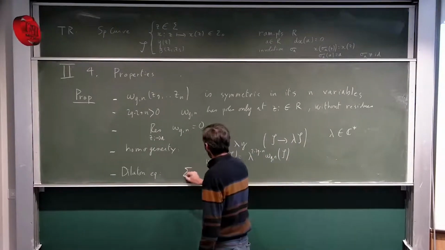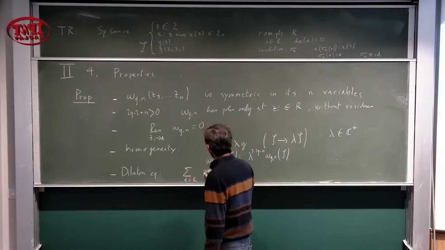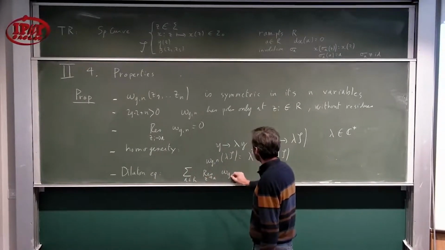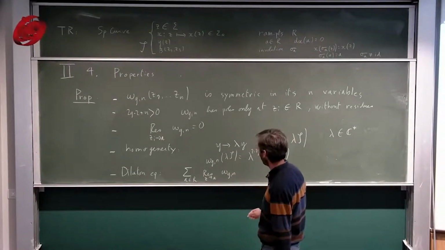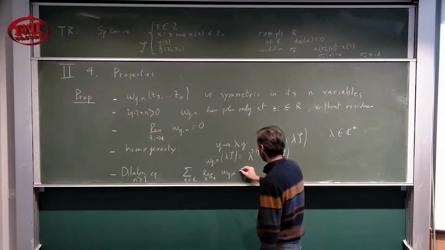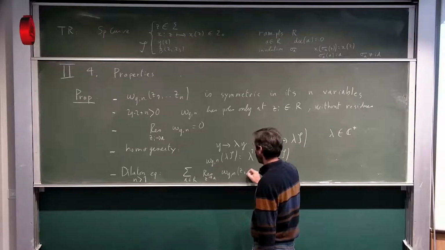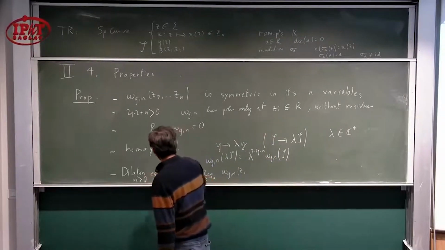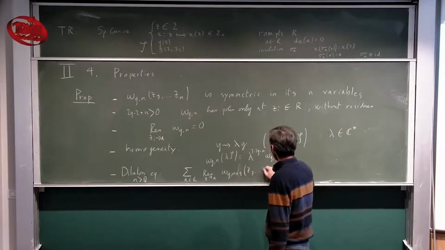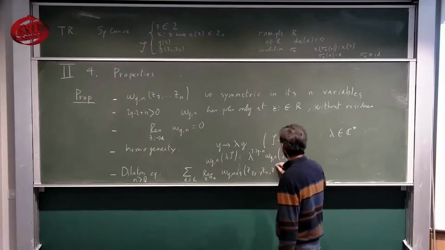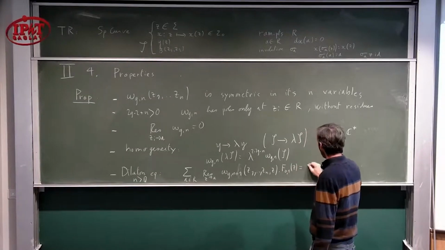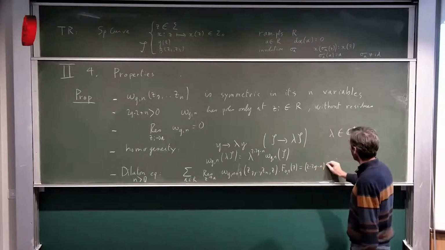If you take the sum at all branch points A of the residue at A of omega_{g,n+1}(z1, ..., zn, z), for n larger than 0, times f_{0,1}(z), I will say in a minute what that is, this is equal to (2 - 2g - n) omega_{g,n}(z1, ..., zn).